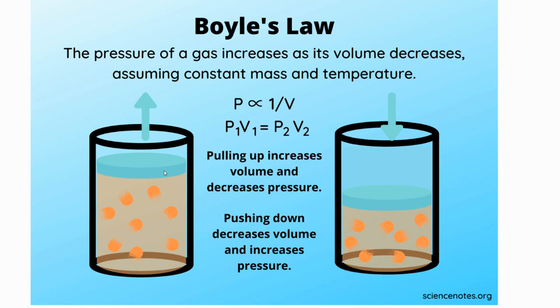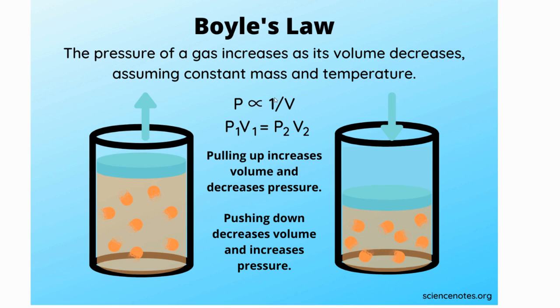It sucks your thumb in, right? It's creating a vacuum. Your pressure is decreasing. If you push the syringe onto your thumb, you're increasing the pressure on your thumb. So that's what this law is. It's pretty intuitive, but it does come from the ideal gas law.